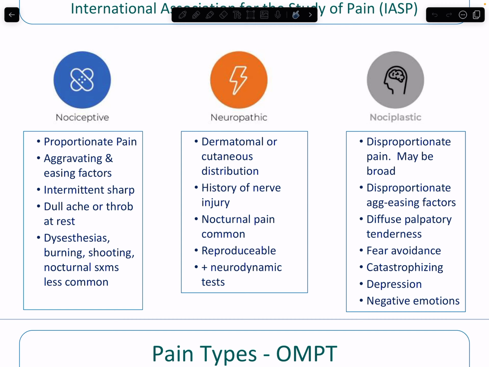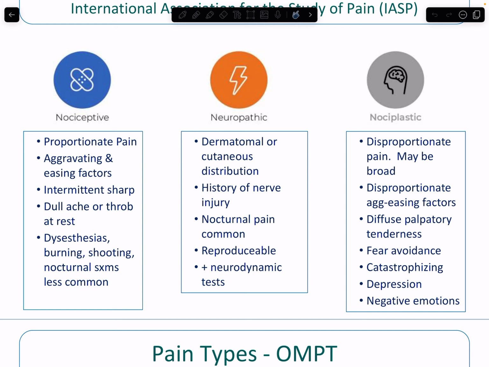So this helps us a little bit in that nociceptive pain is proportionate. You as the healthcare provider would say, I expect this. This makes sense given their tissue damage, given their symptoms. They have intermittent sharp pain, dull aching or throbbing at rest in some cases. Rarely do they have dysesthesias, burning, shooting, nocturnal symptoms, but they can.